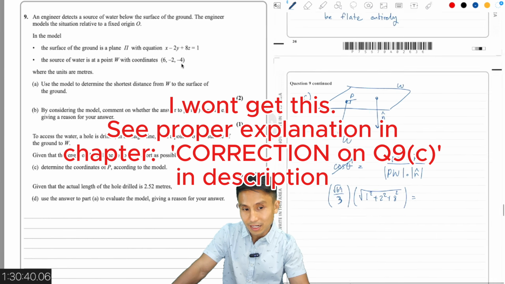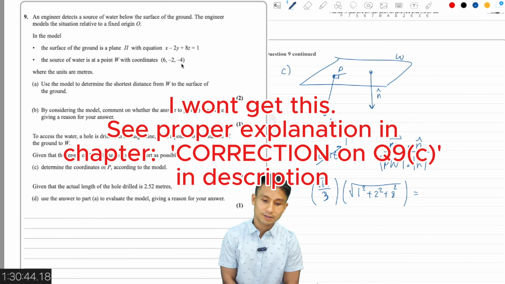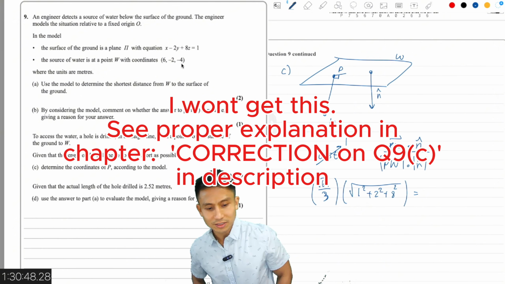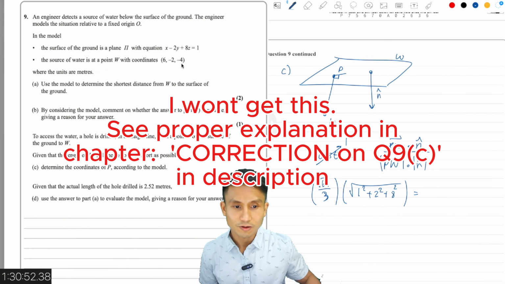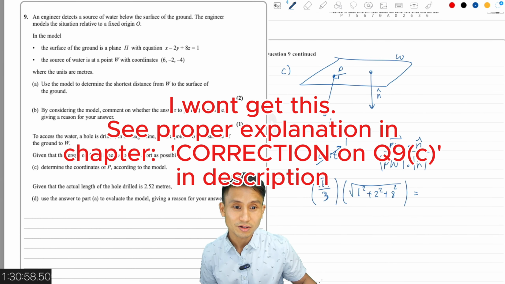How do we find a point on the plane? Should we make this a vector equation first? Do we have a vector equation of a plane somewhere?